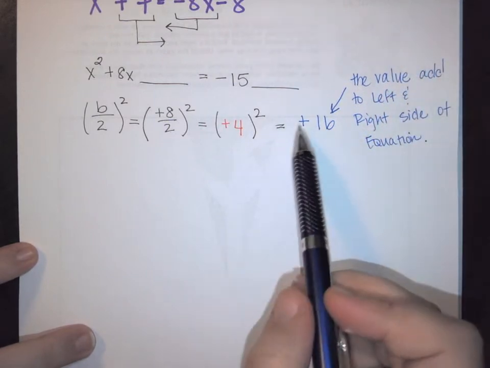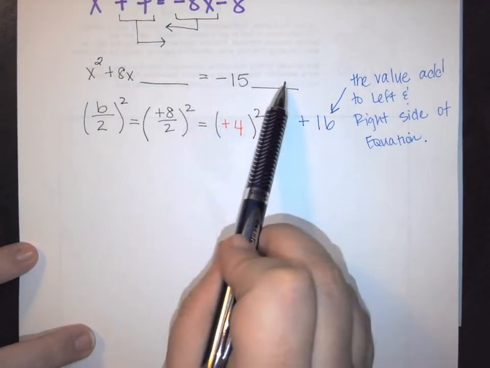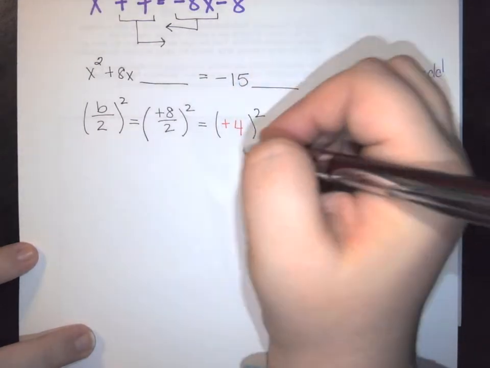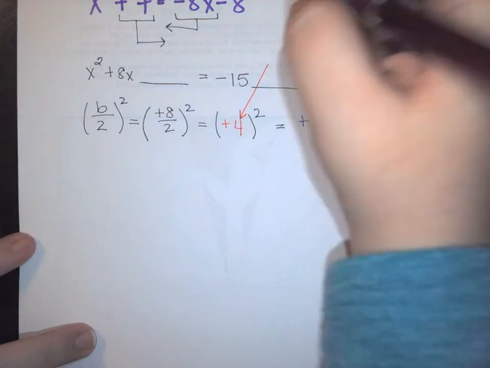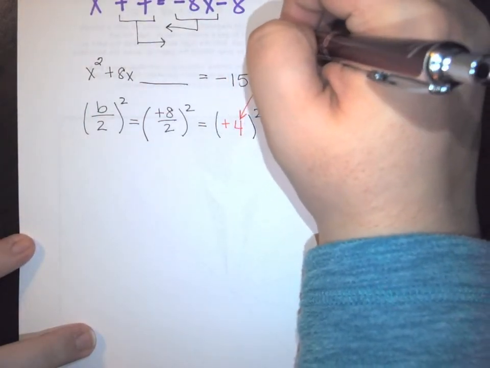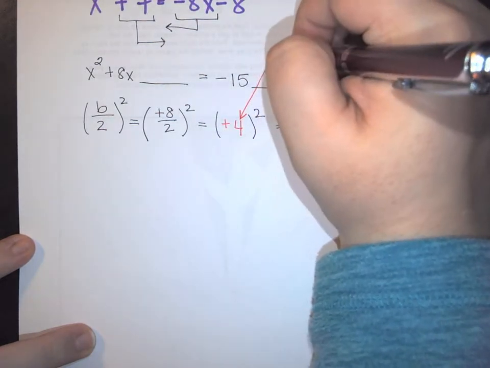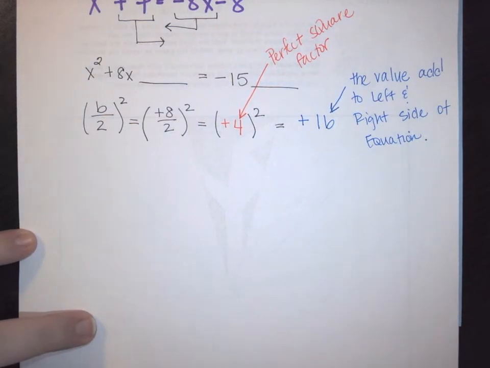Okay, so that's what's important about this 16, is it gets added basically into these blank spaces. Now this red piece, so this 4 right here, this is actually the perfect square factor. Okay, so this is how this works.